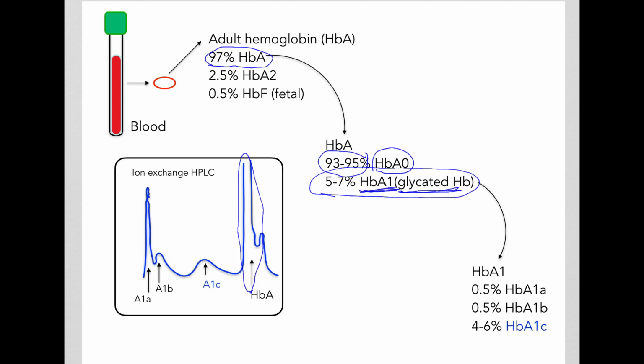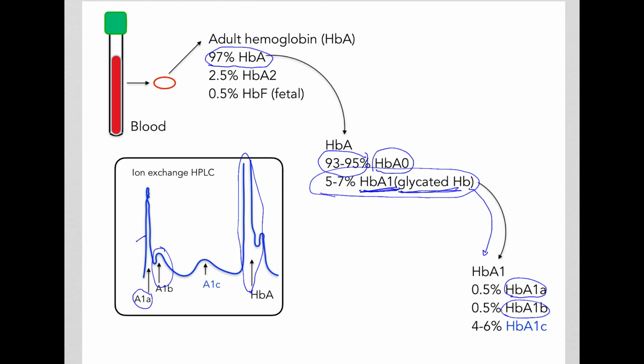Now the HbA1 can further be separated by ion exchange HPLC into HbA1a, and you can see that peak here, HbA1b, and you can see the peak in your HPLC scan.